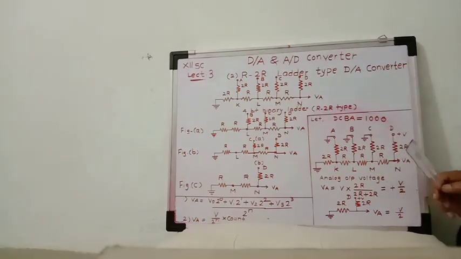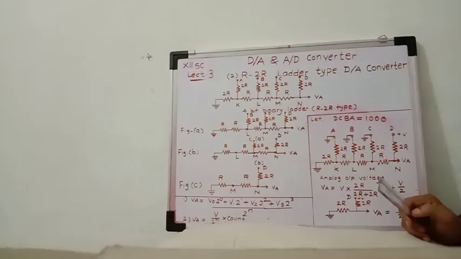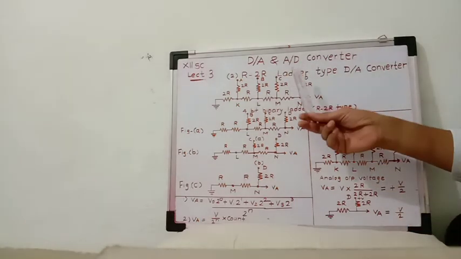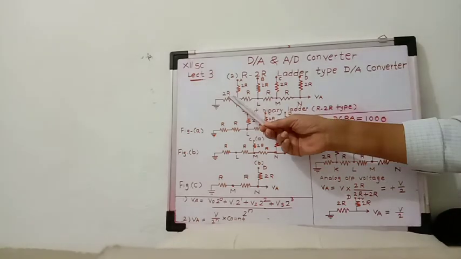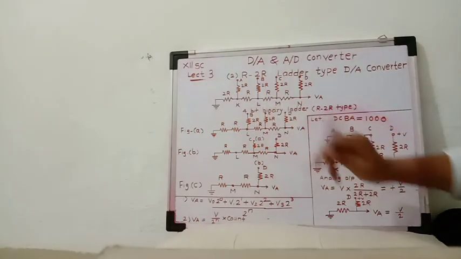Now let us assume that all the digital inputs are connected to ground. Then the resistance between point K and ground is 2R.